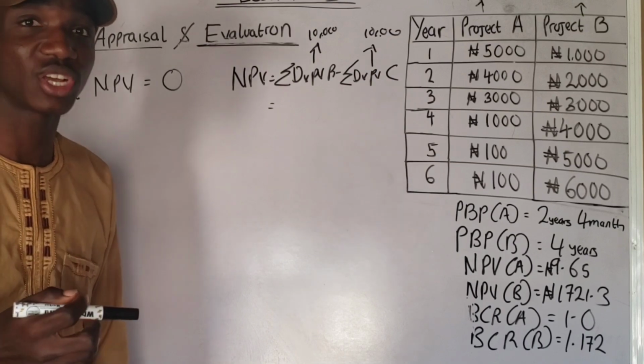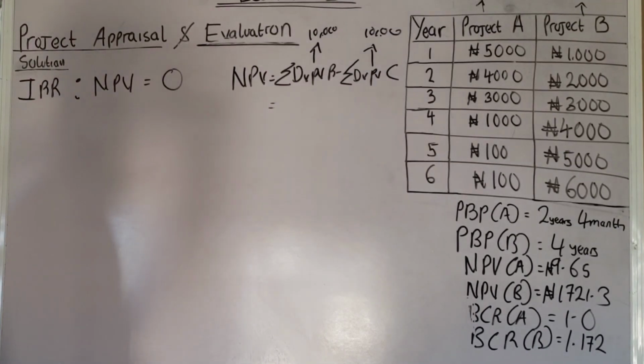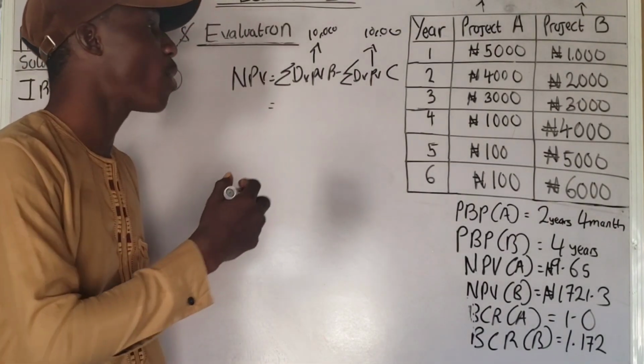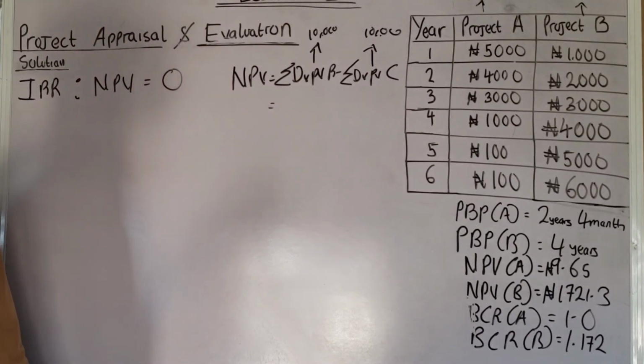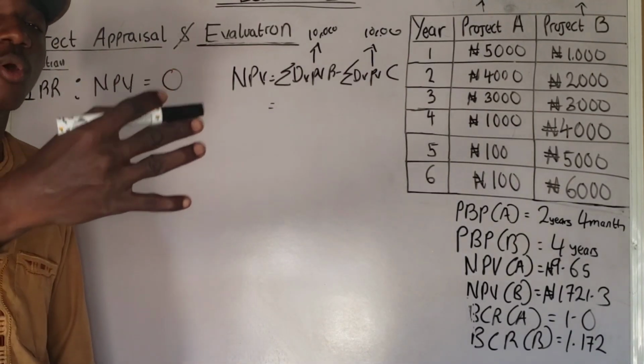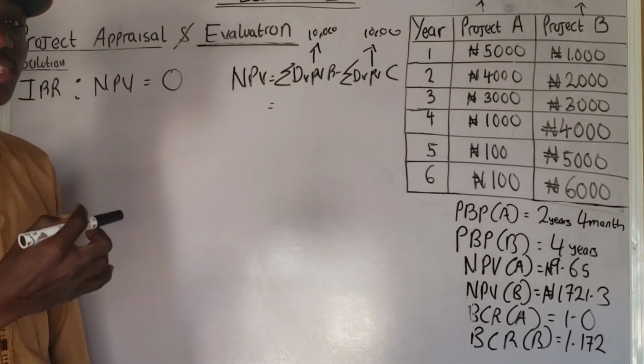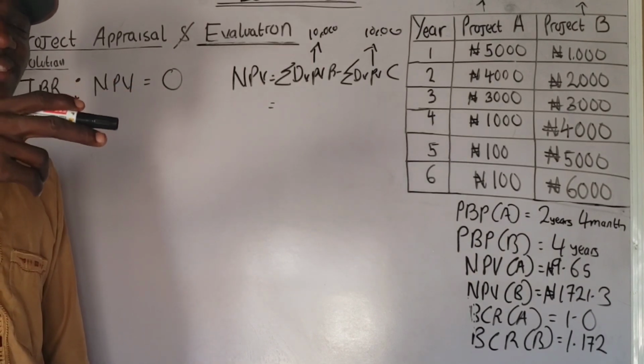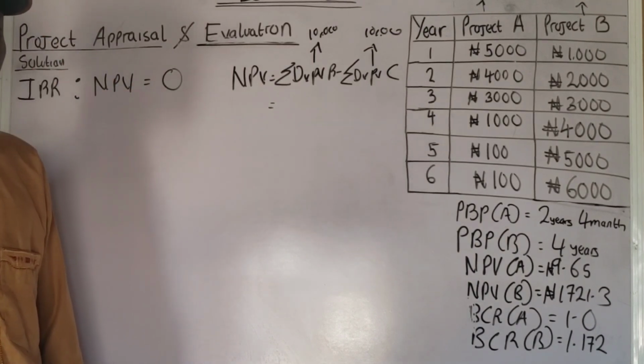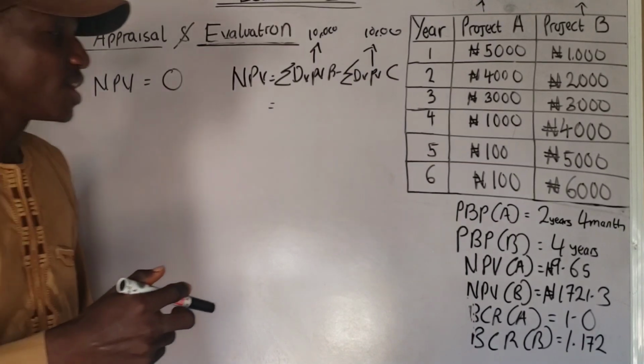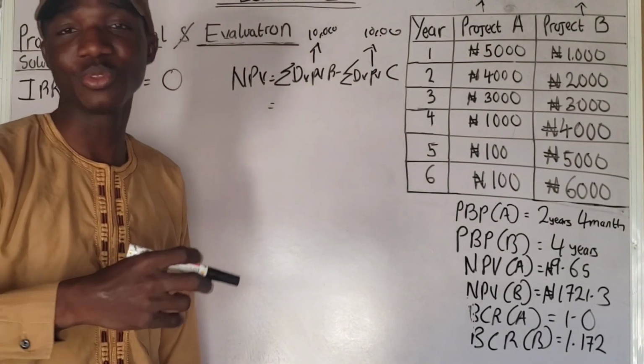In our previous calculation, we got the sum of the product of the discount value and the present value of the cash inflow of project A to be what? 10,009.65, if you remember. You understand? So you can see that it is almost the same, even though it is not the same.